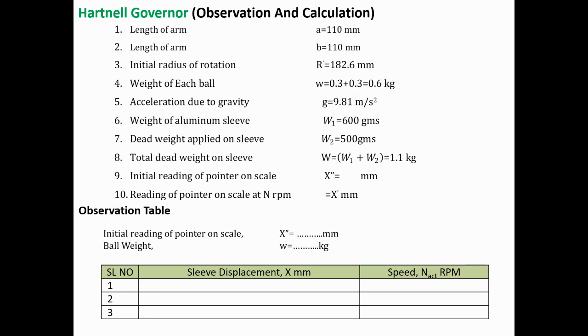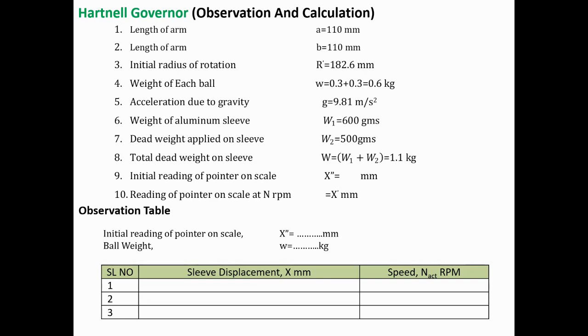Similar to the Porter governor, in the Hartnell governor also, some data is known to us, supplied by the manufacturer of this experimental setup. These are the length of arm, the initial radius of rotation, and the length of arm in two positions, A and B, which are the same in this experimental setup.